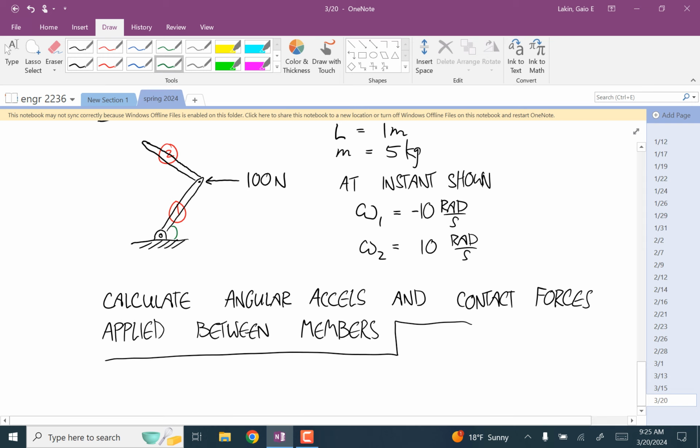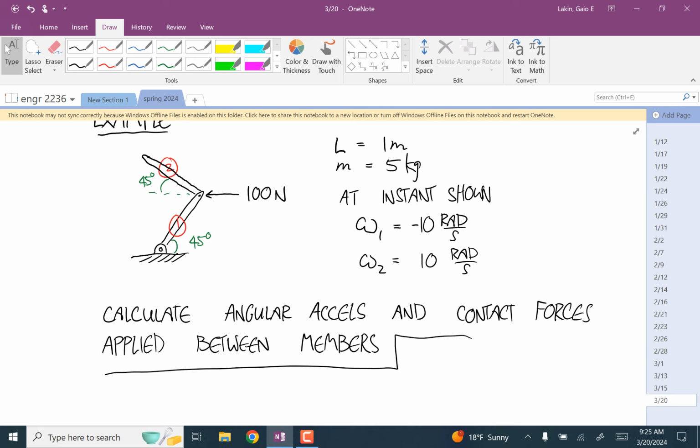The angles, let's say that's 45 degrees, and this one is 45 degrees. Any questions about the idea of this problem? What's going on? Okay.